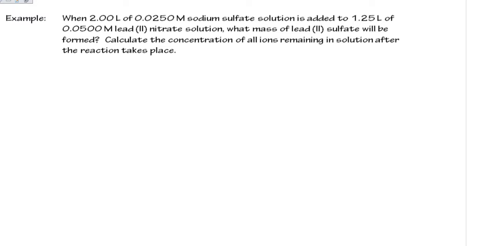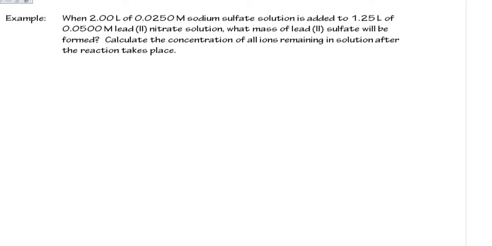What mass of lead 2 sulfate precipitate is formed? And then I want to calculate the concentration of all other ions remaining in the solution after the reaction takes place. Ooh, this is fun. That's going to be the spectators. What's the concentration of all the other spectator ions that are just swimming around in the solution, but weren't really part of the chemical reaction?